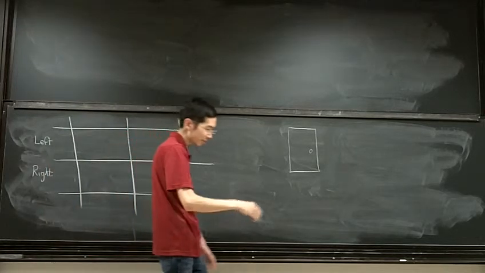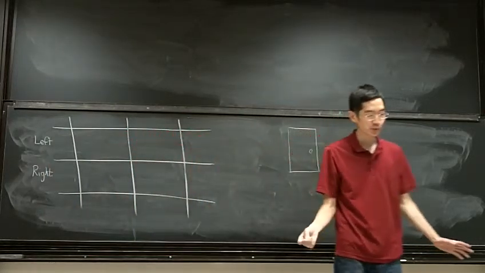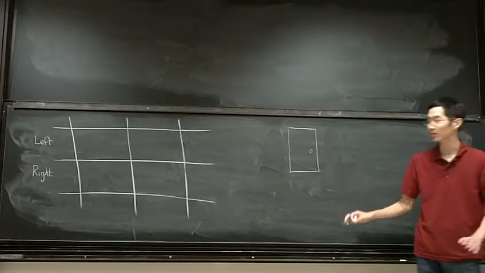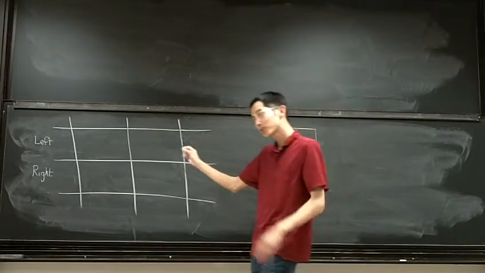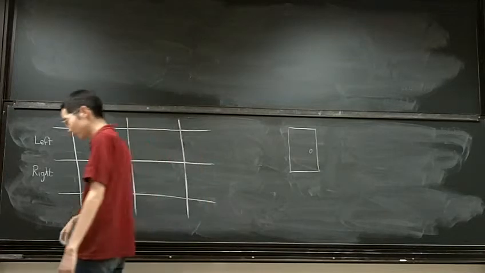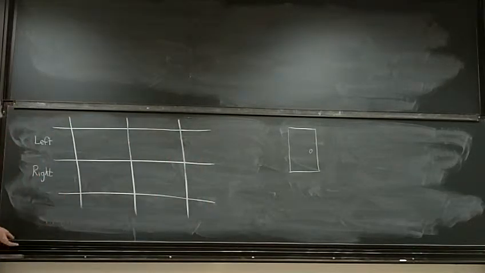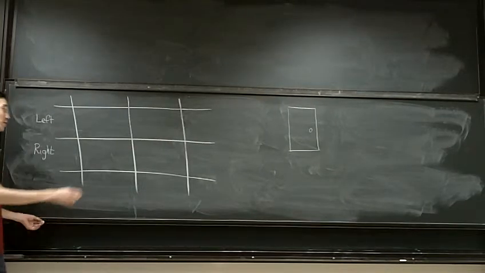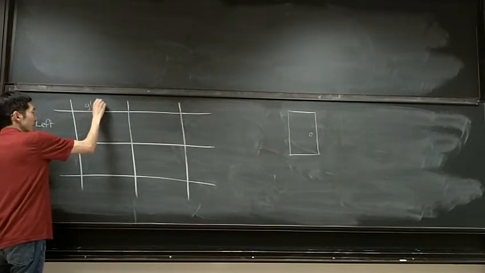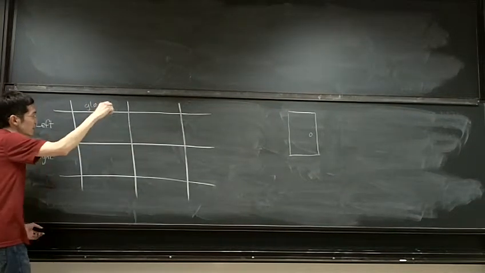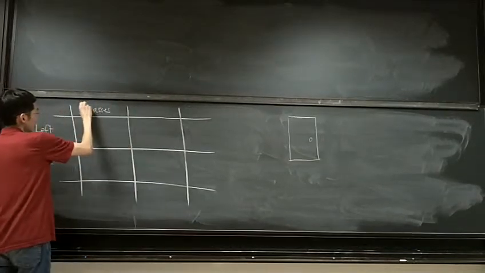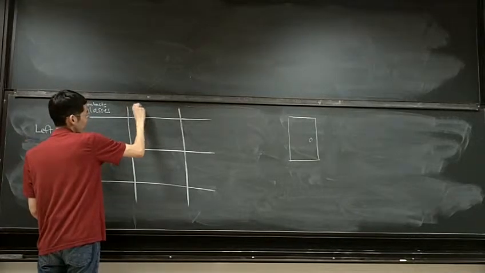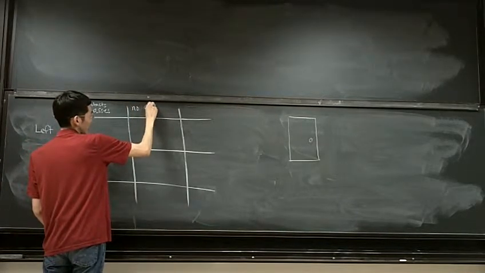I know there's ambidextrous people, but even the ambidextrous people, I think, prefer one hand over the other. So we'll just say, do you prefer writing with your left hand or your right hand? And then we'll also ask, do you wear glasses, contacts, whatever you want to call them, or no contacts or glasses.